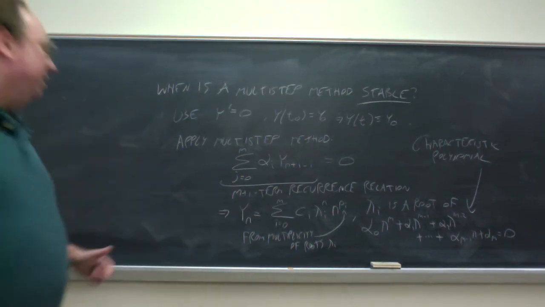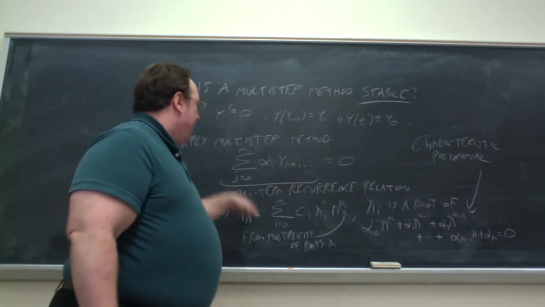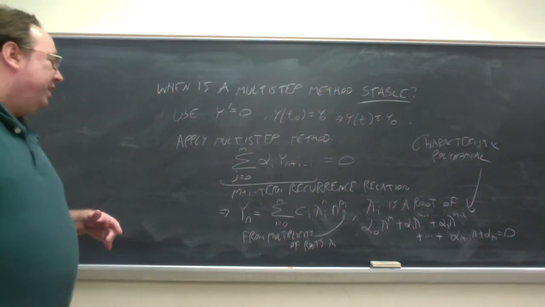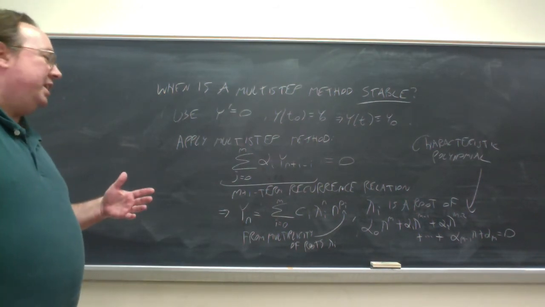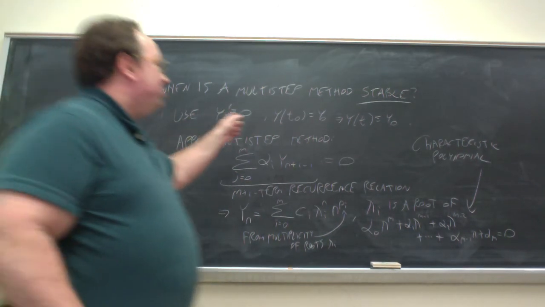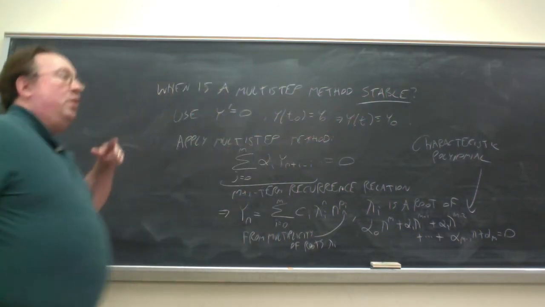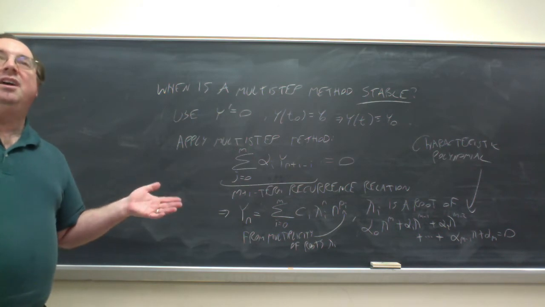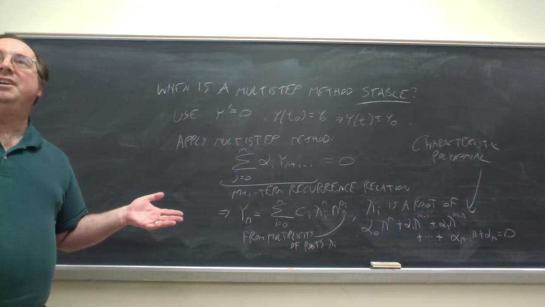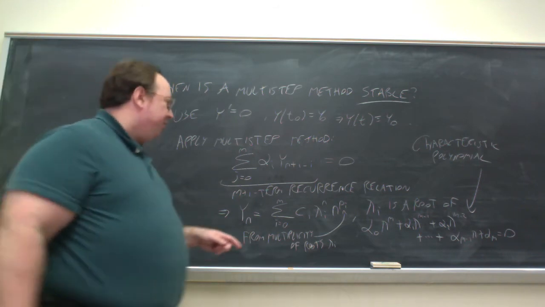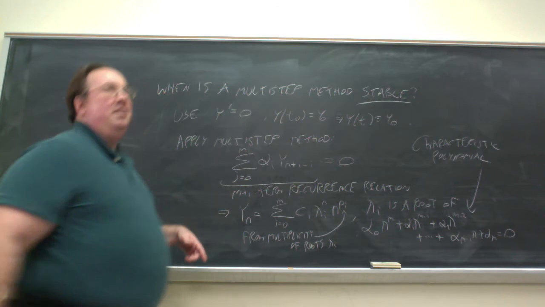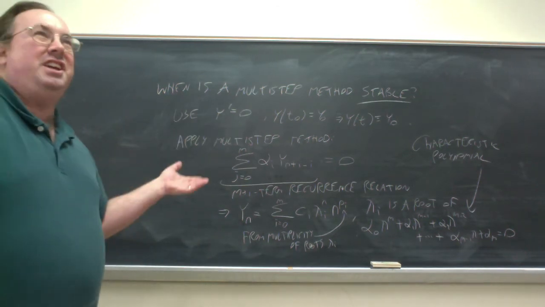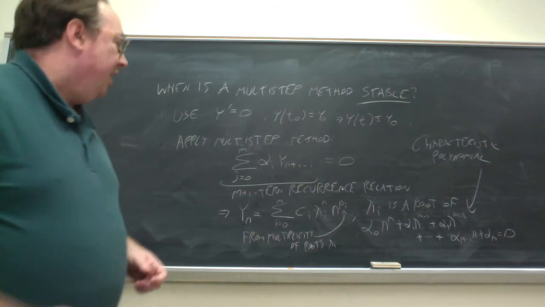Okay, so now that we know that our numerical solution looks like this, we can arrive at a stability condition because the exact solution is constant. The numerical solution may not be constant. We allow for some error, but it should definitely not grow over time. So for instance, these roots, these lambdas, if you have a root that is equal to 2, that's going to grow exponentially. So that's not allowed.